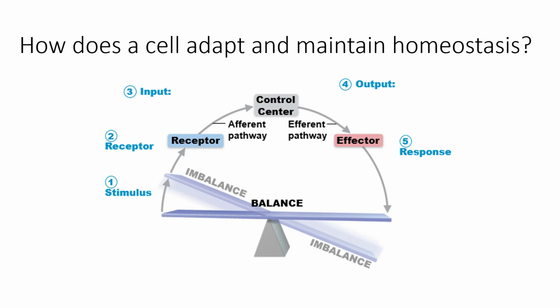But how are some other ways that a cell can adapt and maintain homeostasis? So first, let's look at this homeostasis. Stasis means to stand still. Homeostasis is talking about the overall well-being of an organism, the overall functioning of the organism. We're trying to make sure that that organism has checks and balances and everything is functioning properly.